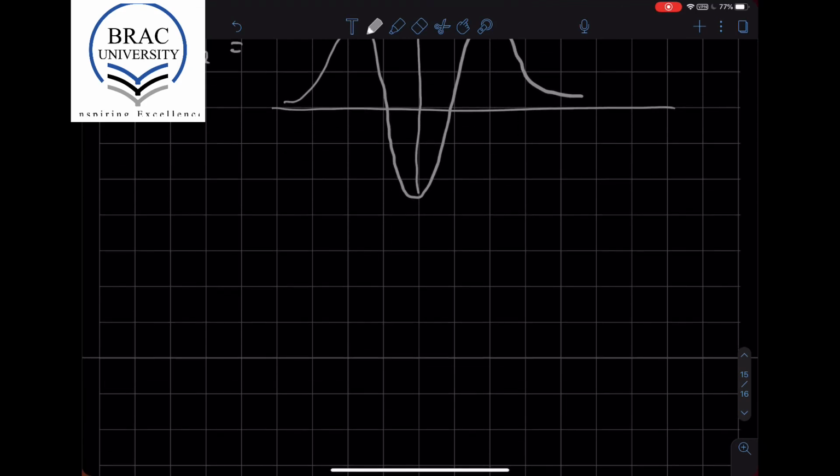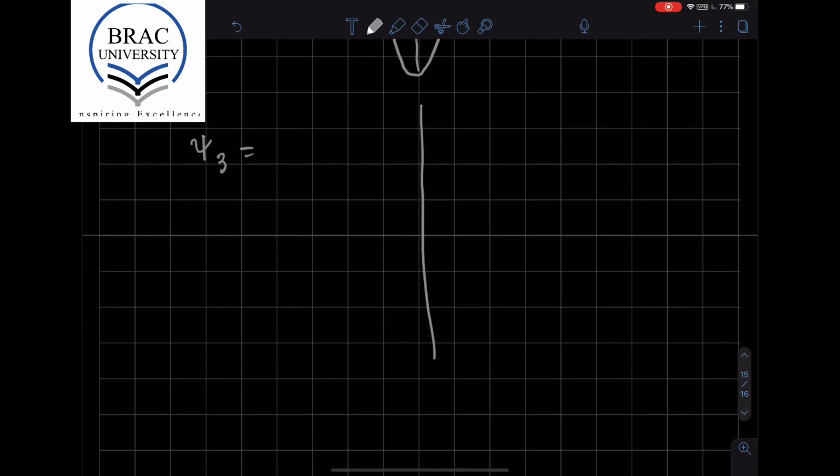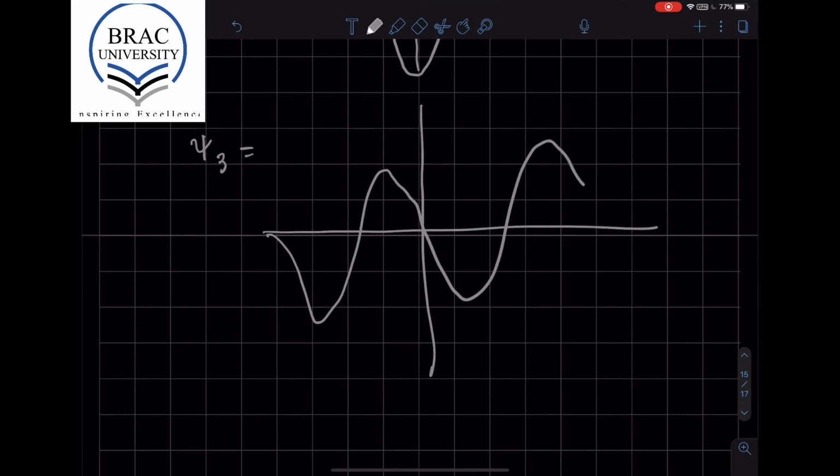So this is even, and then psi 3 will be odd. Similarly, there'll be more bumps or more nodes like this, and so on and so forth.